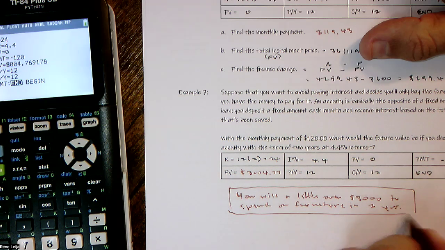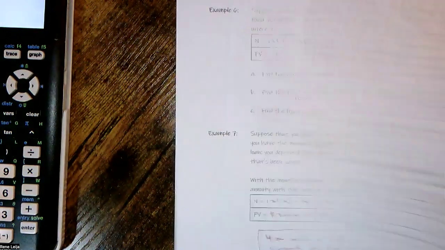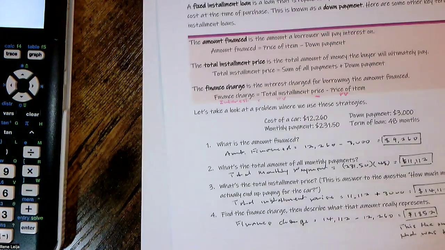That's what that means. All right, so that's it for 2-5. Let me know if you have any questions.